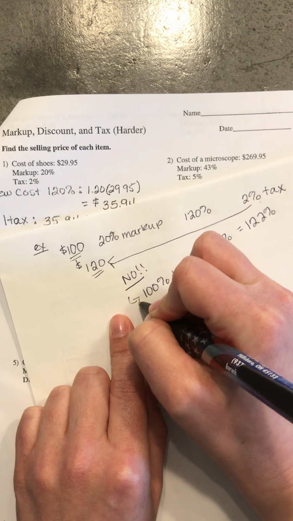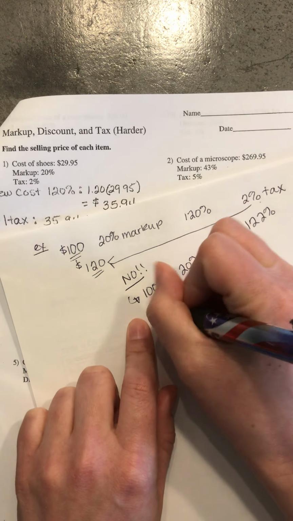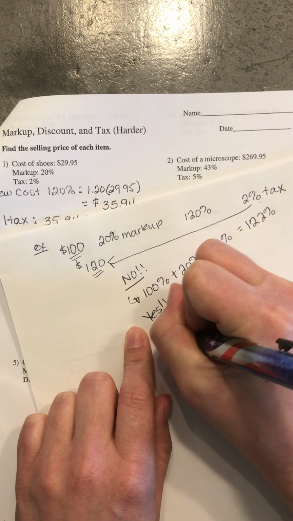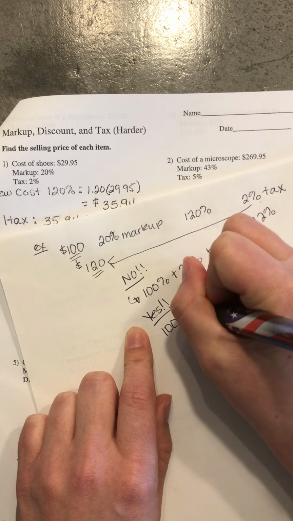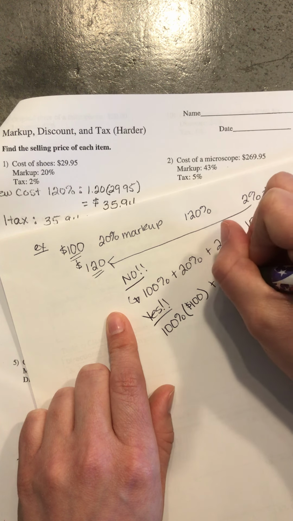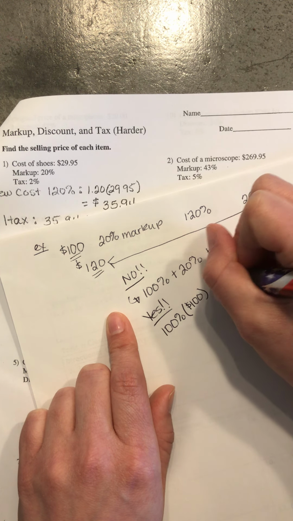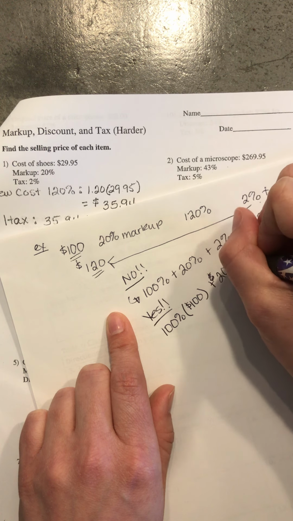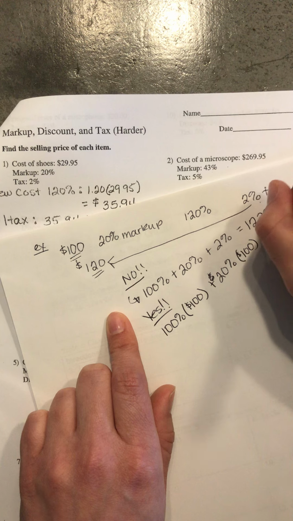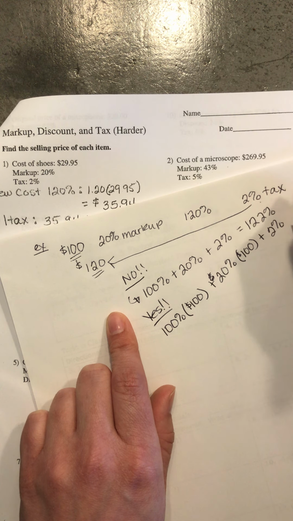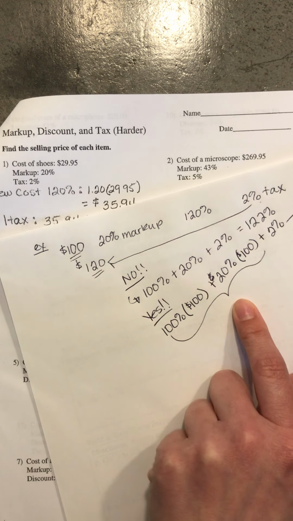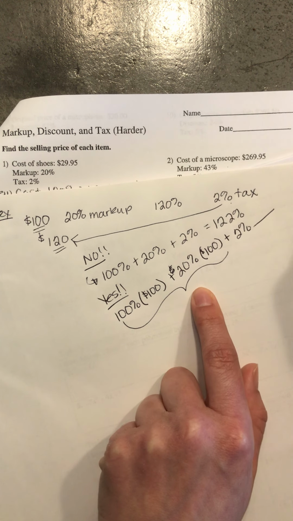So don't do that, because we're doing 100% of that $100 plus 20% of that $100, and then we're doing 2% of all of that, and I could rewrite that.